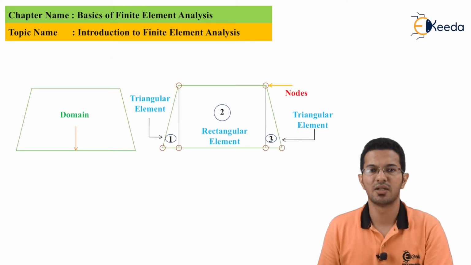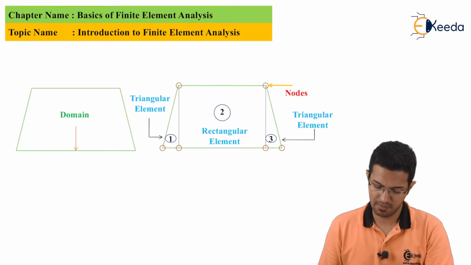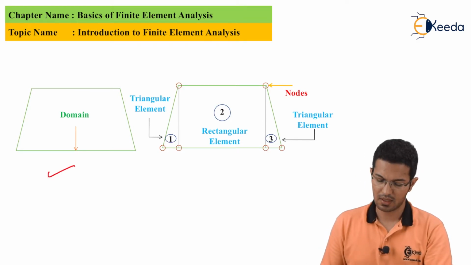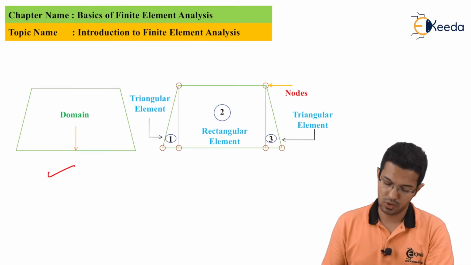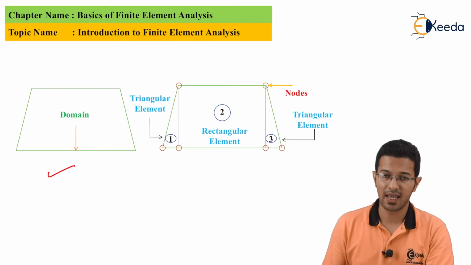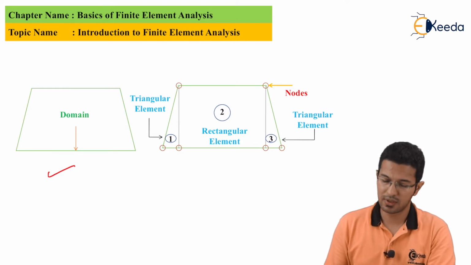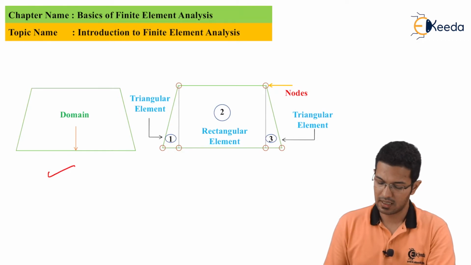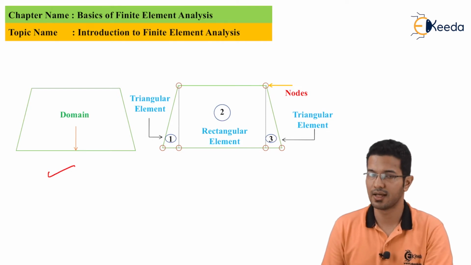In the figure, we have been given a domain in the shape of a trapezoid. This shape can be called a domain. Now, if we are asked to find out the area of a trapezoid, we can divide the trapezoid or the domain into three parts. One is a triangular element, second is the rectangular element, whereas the third is again a triangular element.